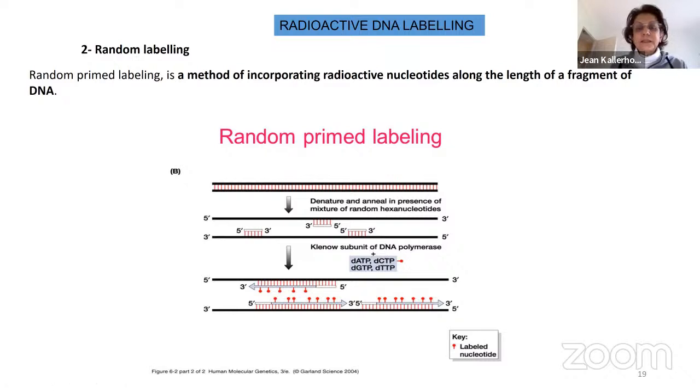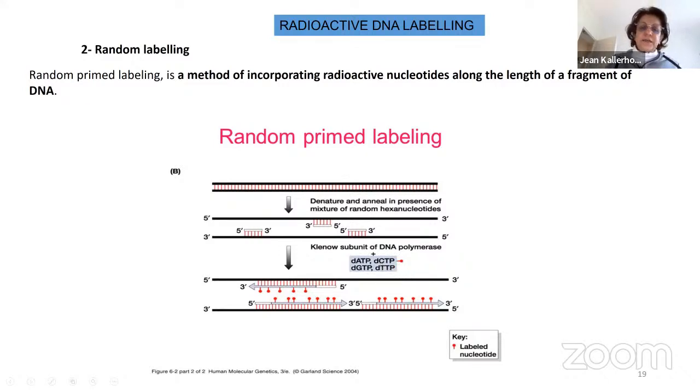Then we get a DNA polymerase to work, right? And this DNA polymerase, in the presence of these 4 deoxynucleotides, of which one will be labeled, the DCTP. You can see it has a red thing here. This means the phosphate is labeled radioactively.